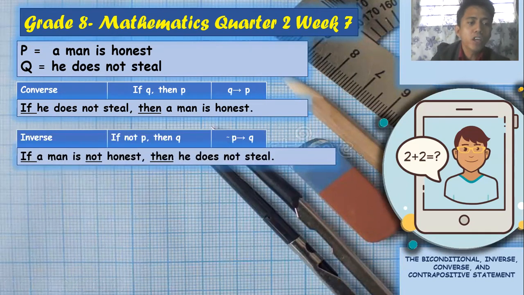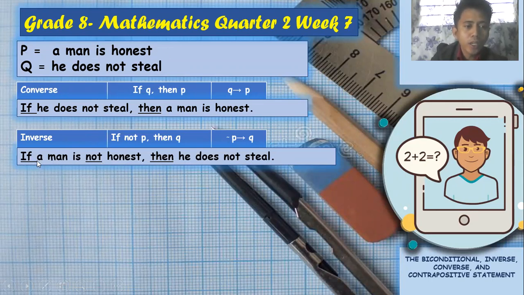Okay, let's proceed with the inverse statement. In the inverse statement, we have the pattern if not P, then Q. Based on the symbol, we have the negation of P implies Q. So let's follow the pattern. Copy the word "if" here, and then not P. What is the negation of P, or the opposite meaning of P? A man is honest, so that is not honest, or dishonest.